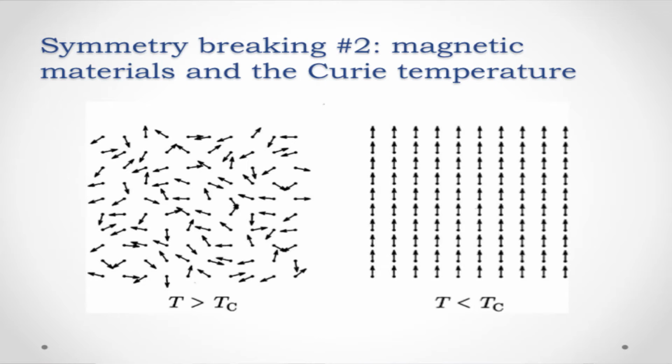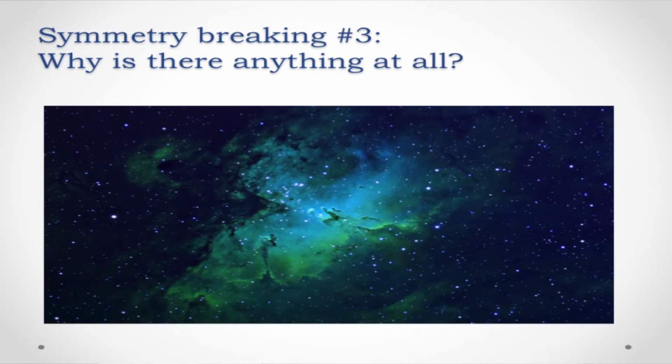So again, we have an example where we have a high level of symmetry at high energy levels, and we lose part of that symmetry when the energy level falls below a critical threshold. And as my third and very dramatic illustration, I ask this question which kids often ask and which physicists kept asking for many decades. Why is there anything at all out there in space? Why is there matter?